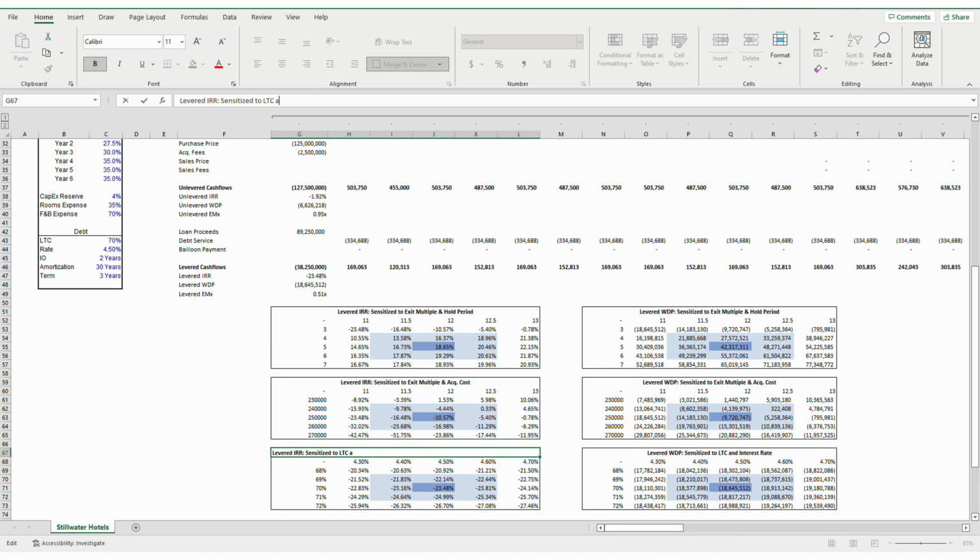Now I'm going to format everything, edit the names of the tables, just to make sure my tables are visually appealing.